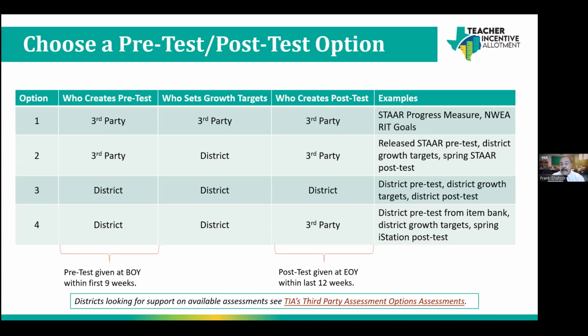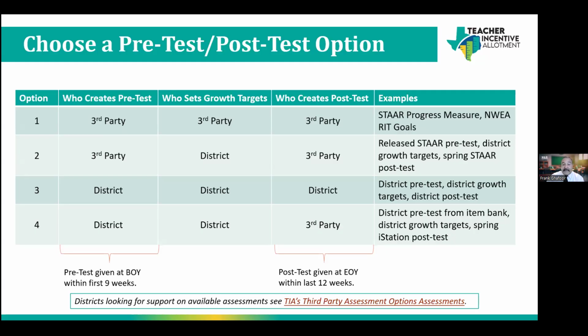For instance, the CIRCLE exam, which is administered to our pre-kindergarten, does not come with third party growth targets, but it is a commonly used assessment in the state of Texas. And so for the district to use that exam, they would have to set the growth locally. Whenever we see this scenario, that is an option two scenario where you are using an assessment that is third party created, but you're setting the growth target locally.